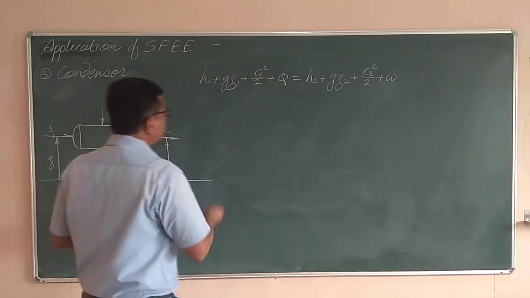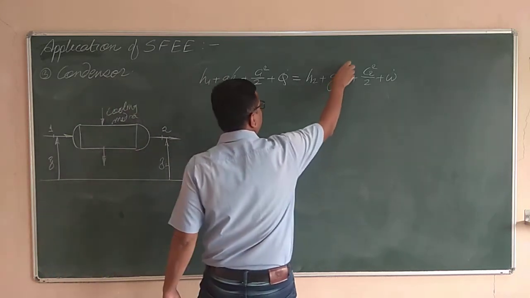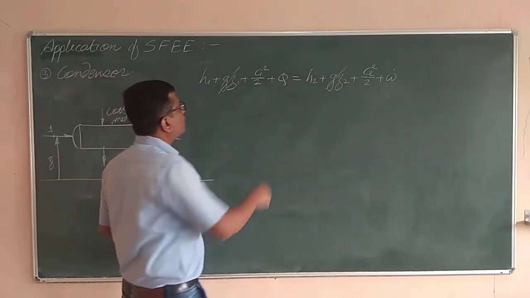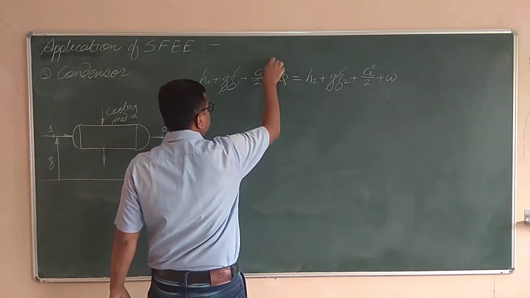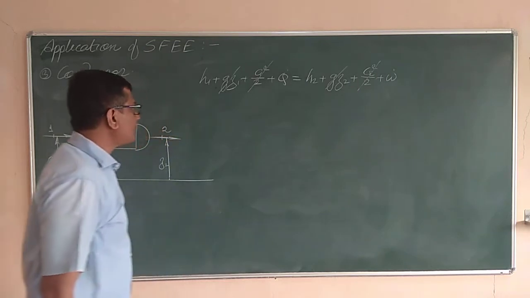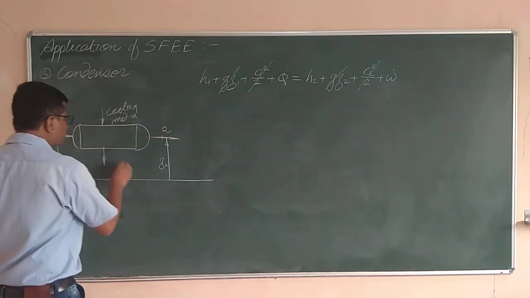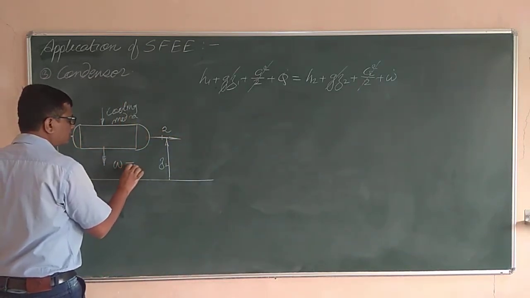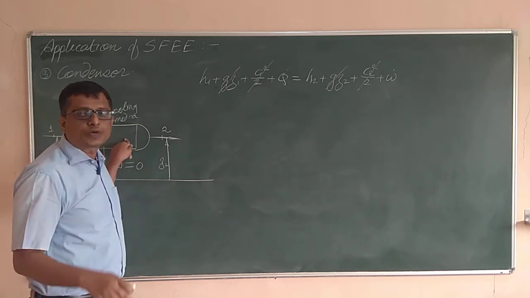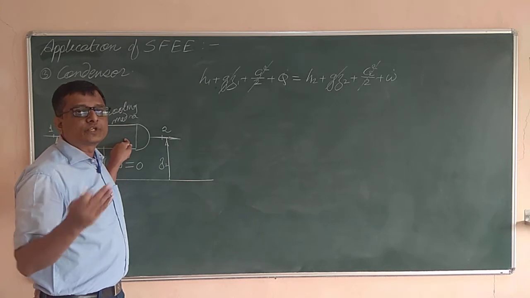So gZ1 and gZ2 can be cancelled. Even the kinetic energy per unit mass is the same across sections 1 and 2. Obviously, there is no work transfer across the system boundary, that is the condenser. A condenser does not produce work and does not absorb work.